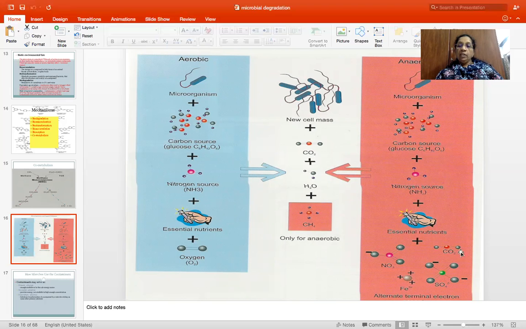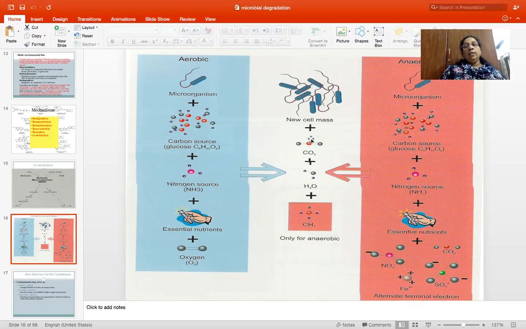Here nitrate or carbon dioxide or iron or sulfate will be used as the terminal electron acceptor in the respiratory pathway. And here, in addition to the new cell biomass, carbon dioxide, and water, in the anaerobic condition, methane will also be produced as an end product. So methane is a useful gas which can be used as a biofuel. So that is the difference between anaerobic and aerobic degradation process.